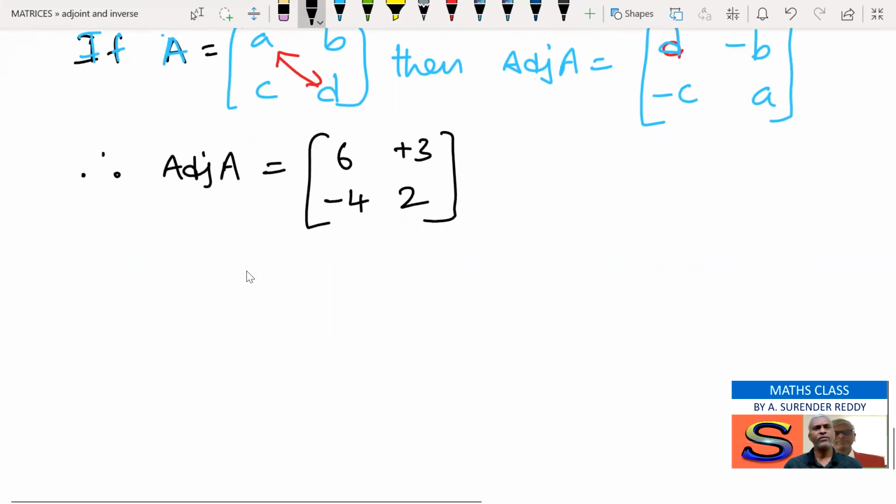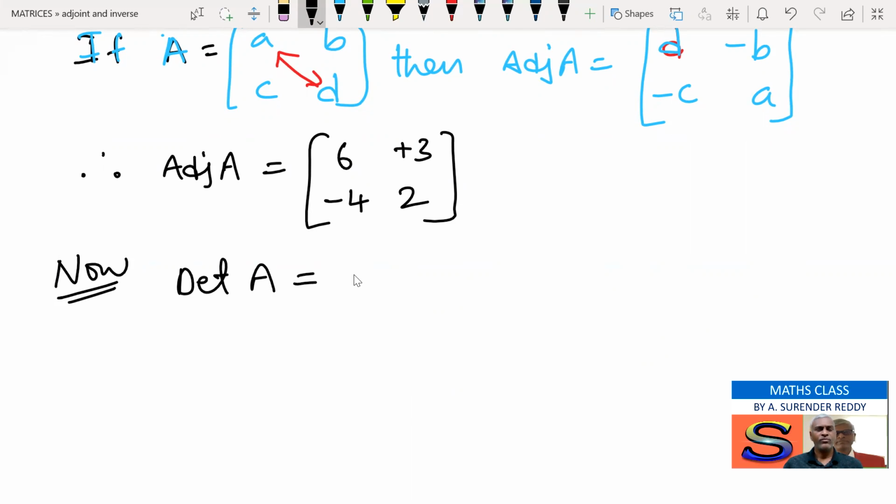So for that we need det A. Now let us find determinant. Det A, for any 2 by 2 matrix ABCD, is AD minus BC.